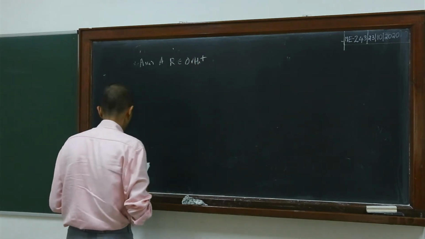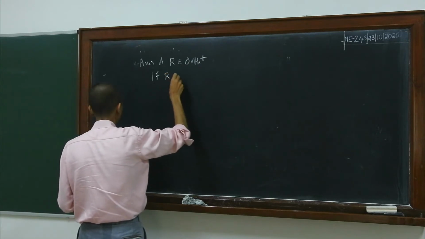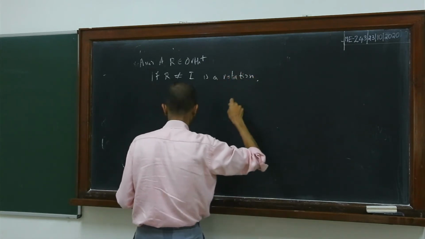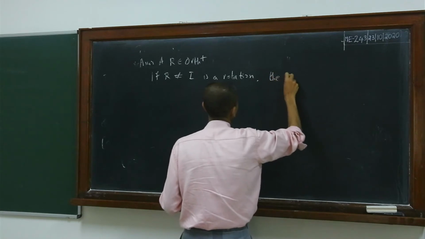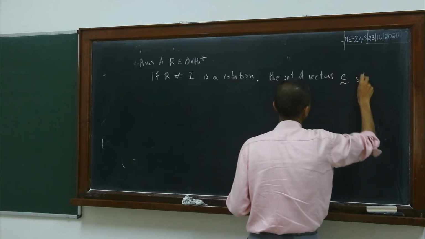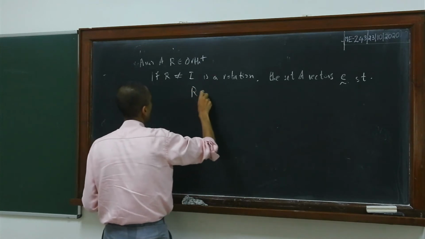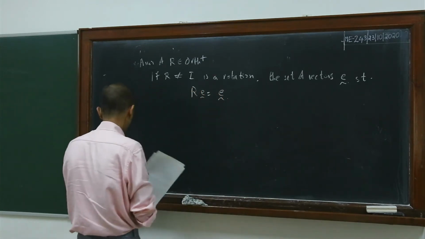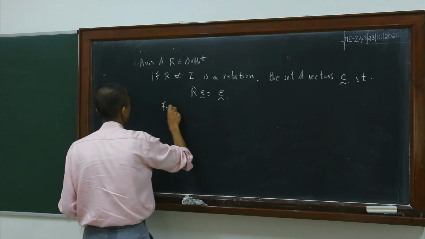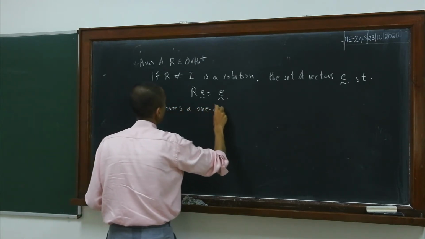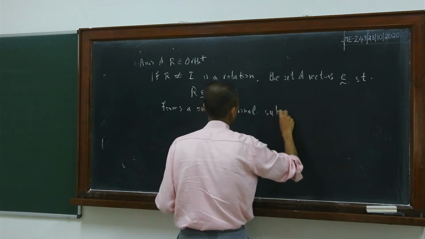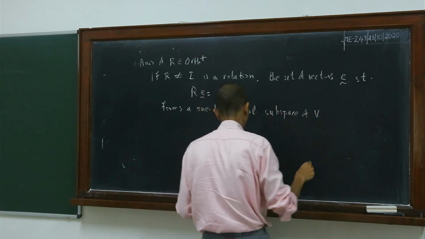If R is not equal to I, is a rotation, then the set of vectors E such that RE is equal to E is the one-dimensional subspace E called the axis.